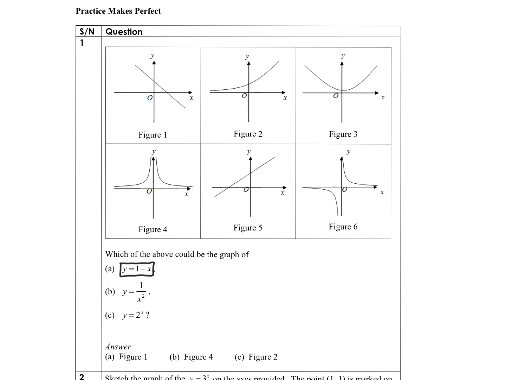Which figure shows you y equals 1 minus x? Figure 1, because it's a linear graph with negative gradient. You see the negative gradient? That's why it's downward sloping.